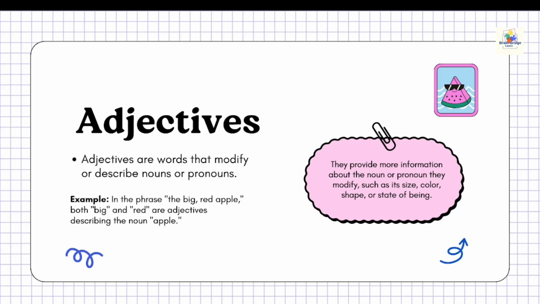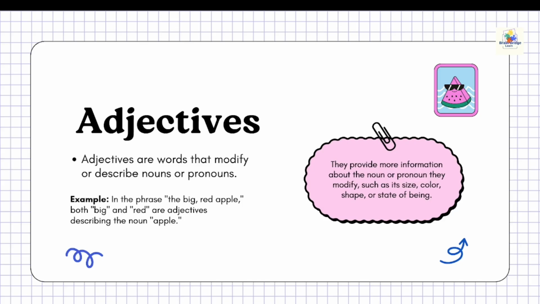Now some examples. In the phrase the big red apple, it is telling that the apple is red and it is big. So both big and red are adjectives describing the noun apple. Here it is describing the noun apple, as it is a big apple and a red apple.